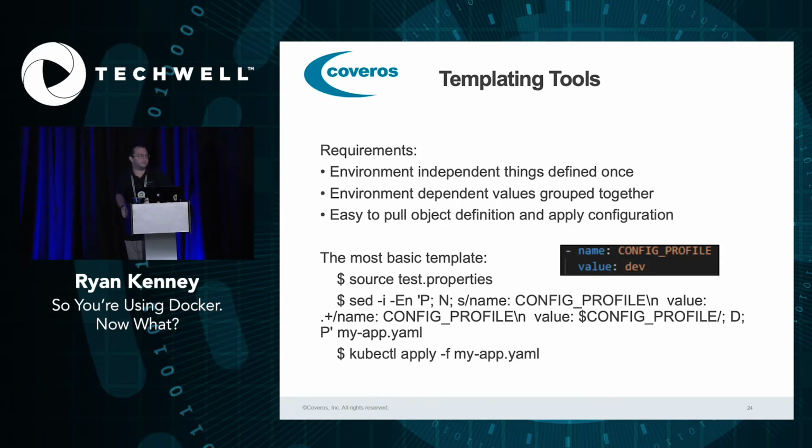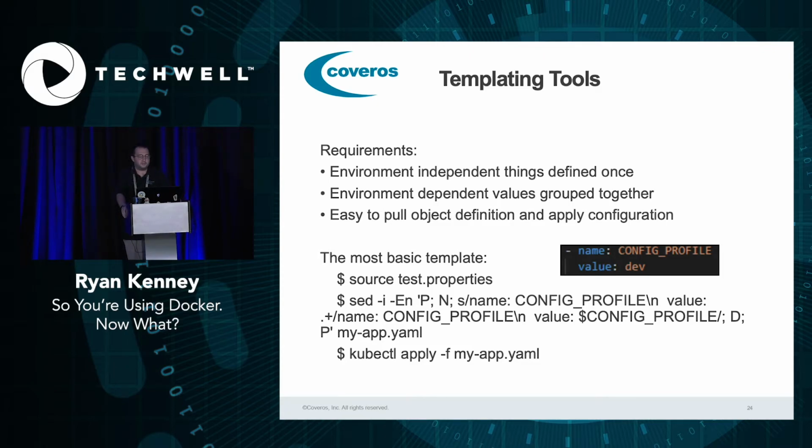So in true Agile fashion, we have a very, very MVP solution down here at the lower half. The most basic templating solution we could come up with is to basically store our key value pairs of environment-dependent values in a properties file. I apply those.